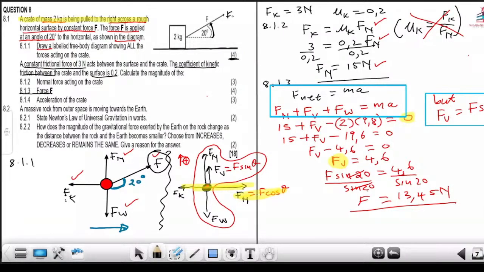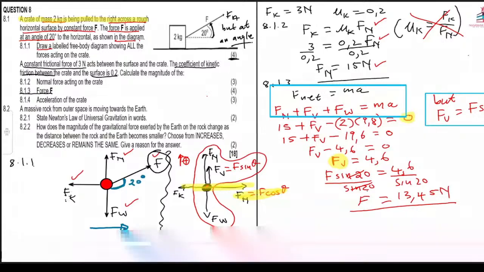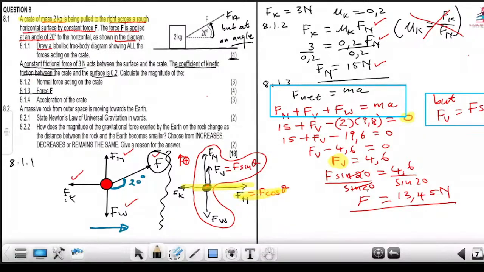So if that is the case, it means automatically I need to have a free body diagram with the components. The examiner at 8.11 says now draw a labeled free body diagram showing all the forces acting on the crate for 4 marks.